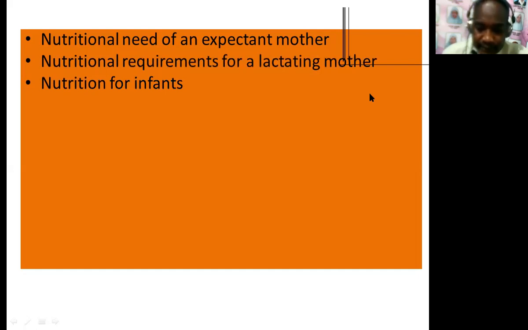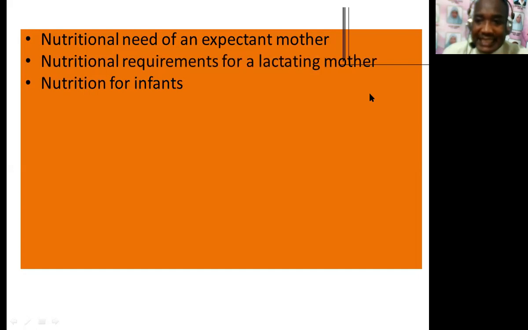Breast milk is a fluid produced by the mammary glands of the mother. The first milk from the mother soon after giving birth is known as colostrum. Colostrum is thick, yellowish in color.